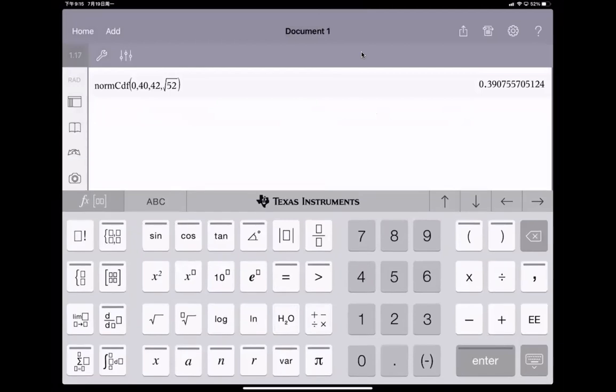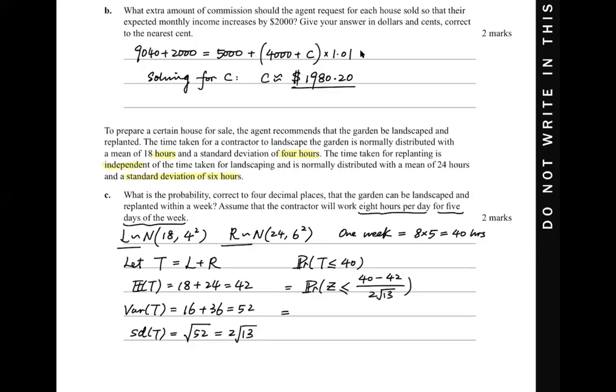All right, so 0.39075557, okay. 0.3907557, blah, blah, blah. To 4 decimal places, 0.3908. Finished.